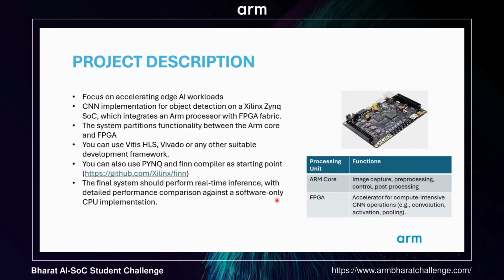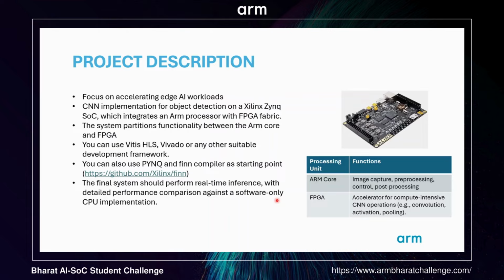The prime focus of this problem is on accelerating edge AI workloads. The CNN implementation will be handled on a Xilinx Zynq SoC. This integrates an ARM processor along with the FPGA fabric. This is essentially a hardware-software co-design problem wherein you need to appropriately divide and partition the functionalities in between the ARM core and the FPGA unit.